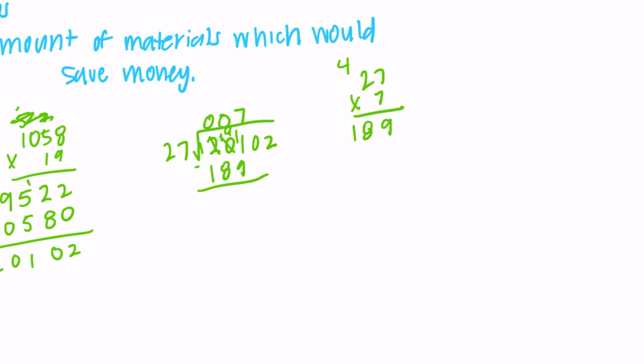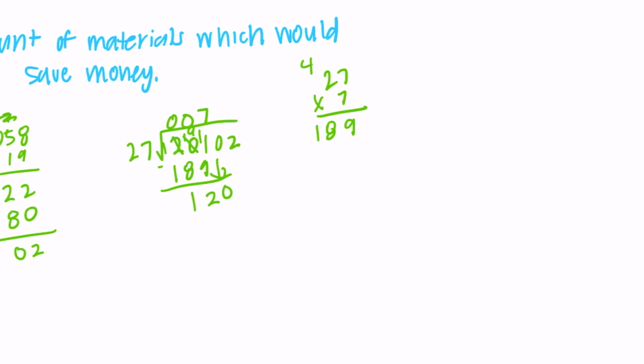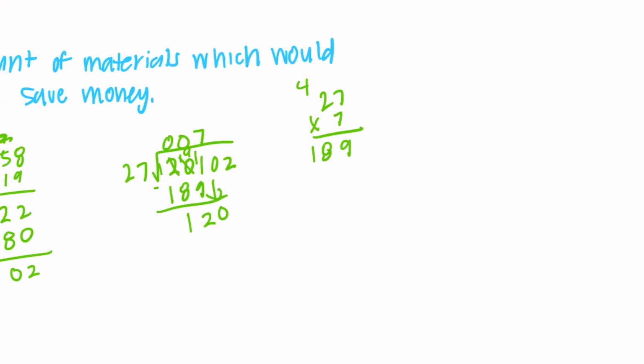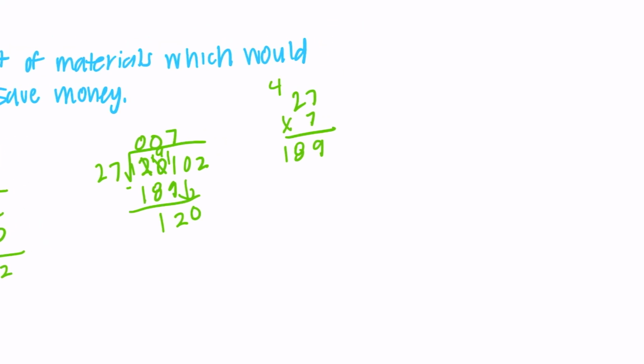11 minus 9 is 2. 9 minus 8 is 1. Bring down the 0. How many times could 27 go into 120? Probably 5 times, because 27 times 7 was 189. So let's try 27 times 5. Oh, it's too big.